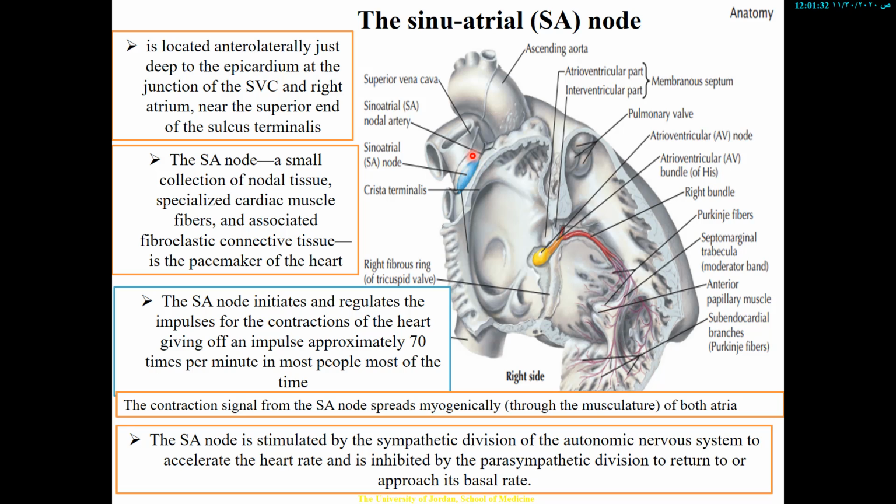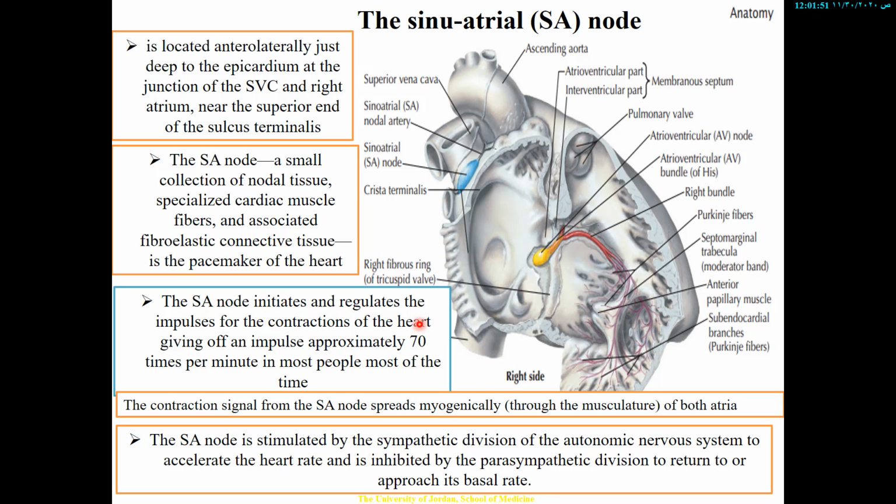You can see it during the practical session, but we surgeons know the exact location of this node. The physiology, such as the rate, I will leave for them to deal with.